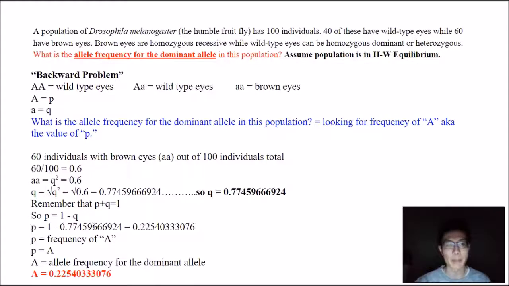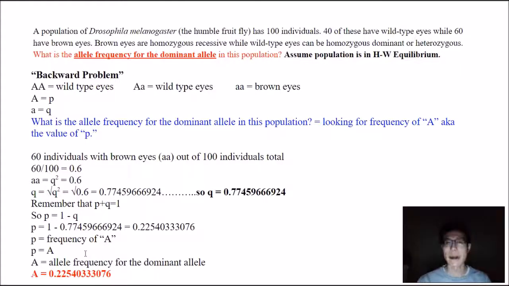And so remember, p now is equal to 0.2254, and p, as we discussed before, is the same as our frequency of allele A. We are looking for the allele frequency of the dominant allele, which in our case happens to be arbitrarily chosen as the letter A. You can use B or C or whatever, but I just decided to use A. So p is the frequency of A, so that is the allele frequency of the dominant allele for our situation, and therefore our answer is 0.2254, or 0.225, around that, give or take.